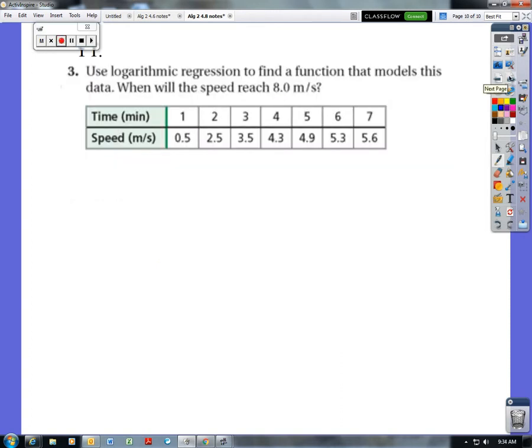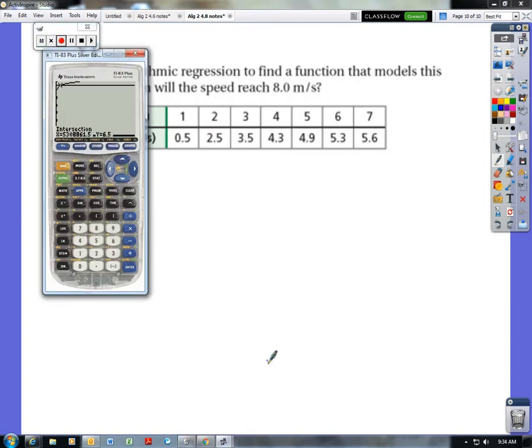And there's one last one. So here's an on your own if you want to try this one on your own. Stat, enter. Let's clear these off. Okay, our x's are 1, 2, 6, 7.